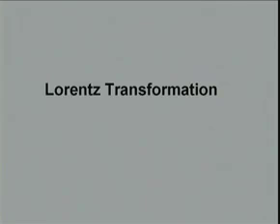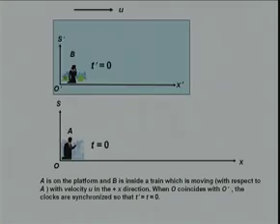Now, let me discuss the Lorentz transformation. I have again two observers, A and B. B is inside a moving train which is moving with velocity u with respect to A, and the origins coincide at t equal to 0 and t prime equal to 0. So, A is on the platform and B is inside a train which is moving with respect to A with velocity u in the plus x direction.